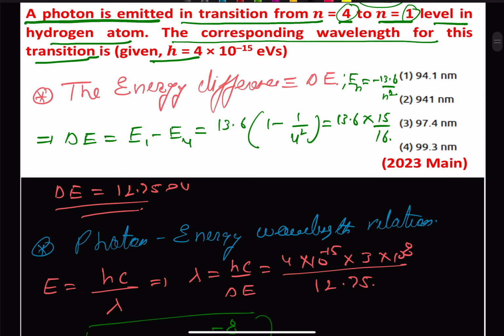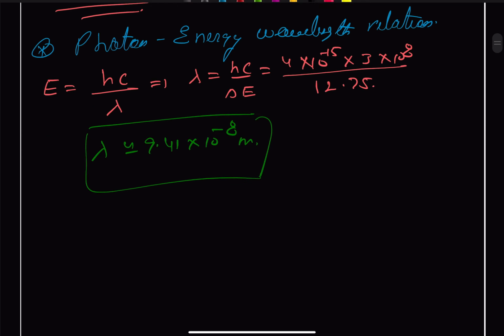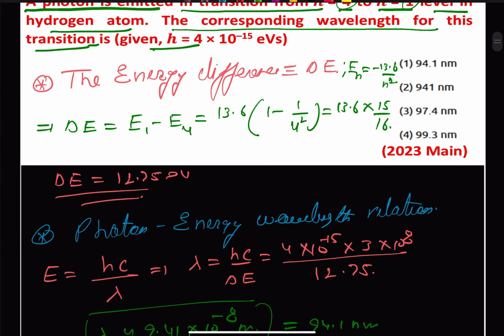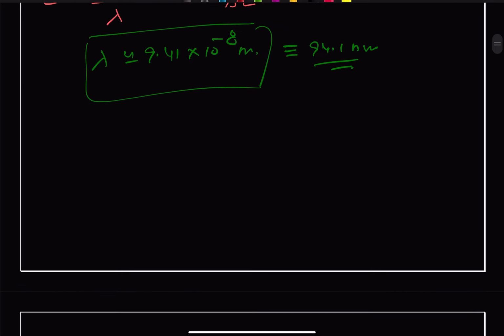So okay, it's in nanometer, therefore we can write 94.1 nanometer. So 94.1, option 1 is correct. Correct. Next question.